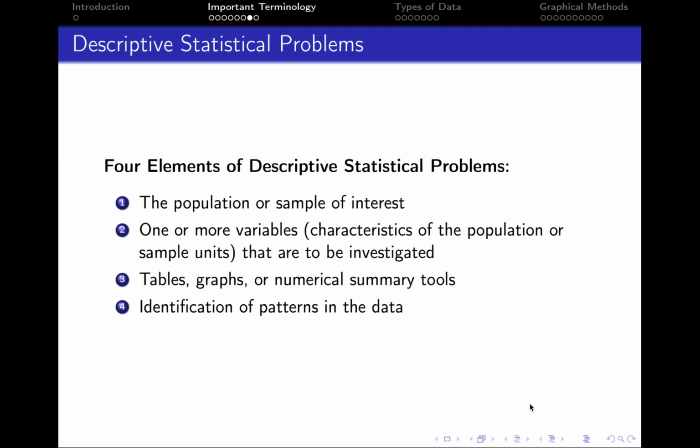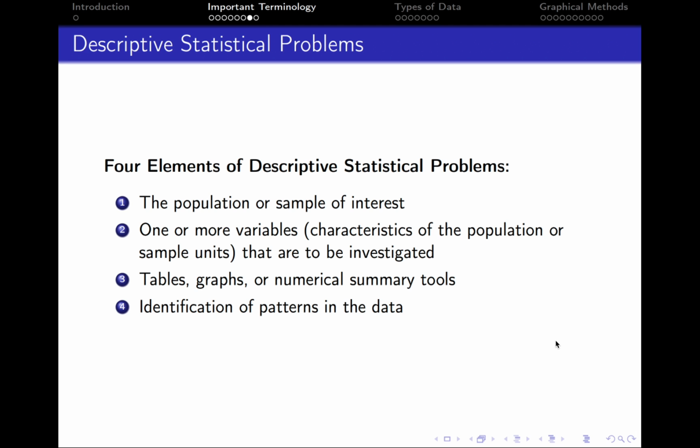So having said all of this, let's go back to those two types of statistical application. So first of all, descriptive statistics, and it involves 4 elements. So the population or sample of interest. So first of all, you need to define the population that you would like to study and take a sample out of it. Then you need to decide on one or more variables, so characteristics of that population that you would like to investigate, that you would like to study.